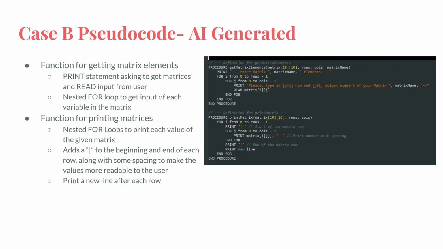And for the print matrix function, it uses a nested for loop, including lines to have the traditional matrix format, and will print out each variable with spacing in between and then a new line after each row.